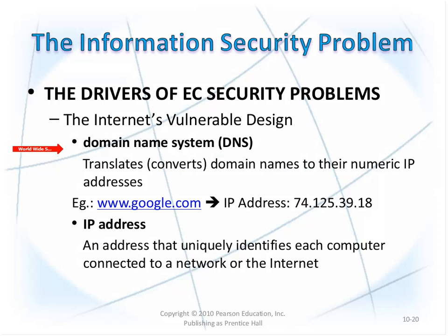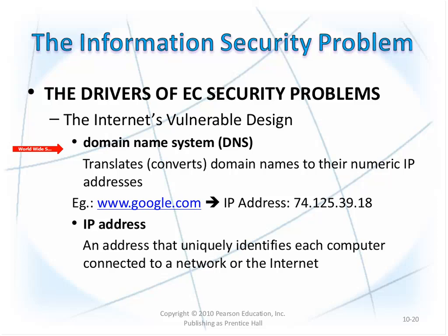We already said that any individual node in a network, in the internet, needs to have its own address. This address, we call it IP. Any website has its own ID, but in order to make it easier for us, as customers and users, to use the web, this ID is translated or converted to a name.